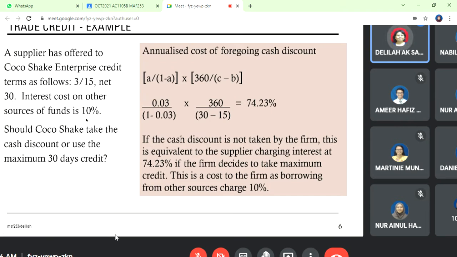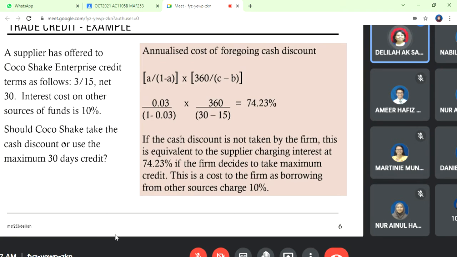The interest cost on other sources of funds, that means if you borrow money from another place, is 10%. So we will compare what is the best thing to do. Should Coco Shake take the cash discount or use the maximum 30 days credit?